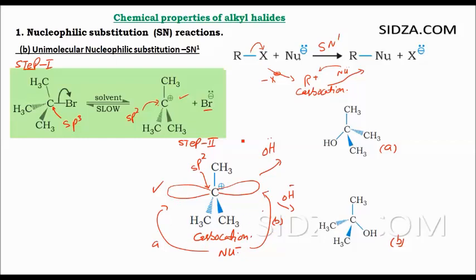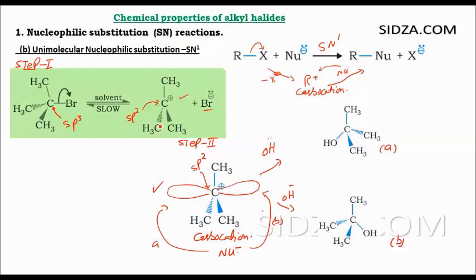That means if you have a bromine here, either the hydroxide group will be exactly at the same position where the bromine is, or it can attack from the back side. Then these three groups will shift to the other side. That means 50% of molecules will have a front side attack, 50% will have the back side attack.